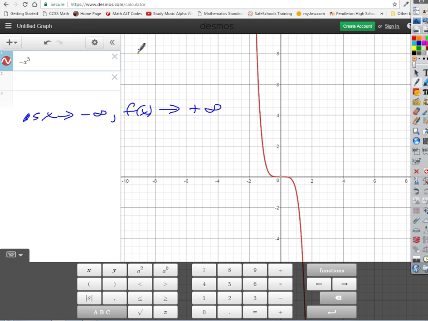If f of x is -x to the fifth. What do you think? Because if you take the negative number and it goes to the power of 5, it still stays negative, and then a negative number becomes a negative number.